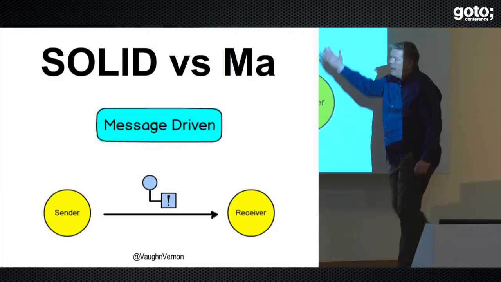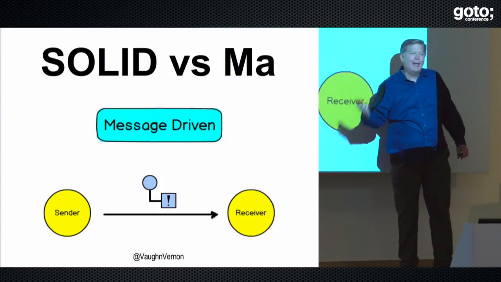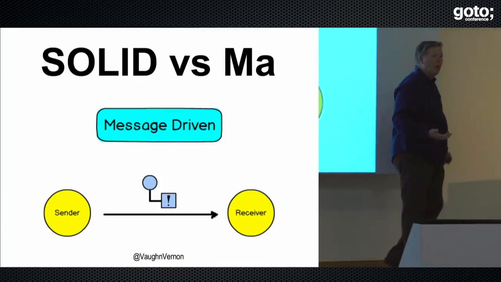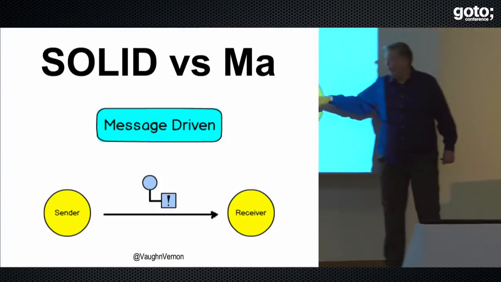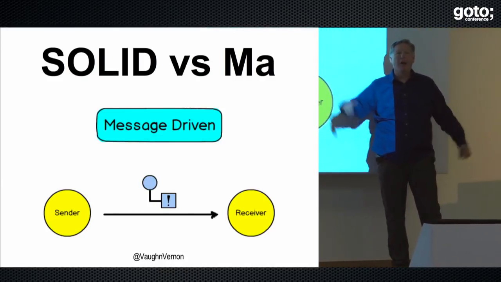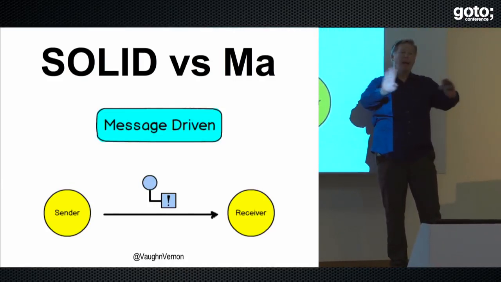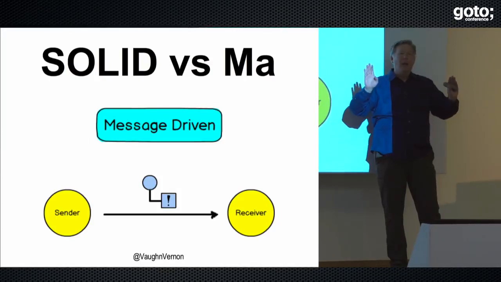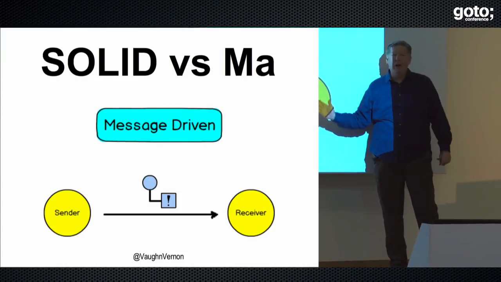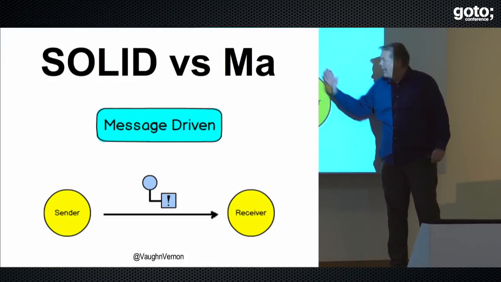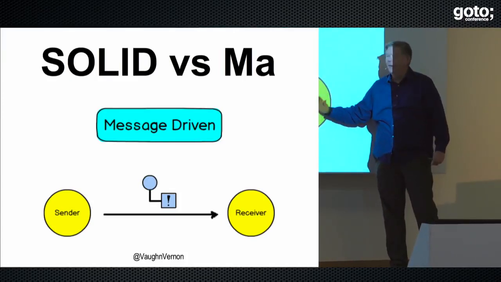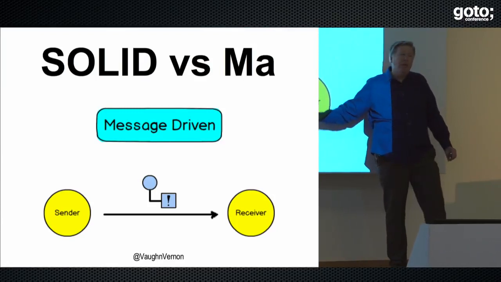Now, a lot of us have spent a decade or 2 decades or more thinking about the inside of these things primarily, right? SOLID. I'm not disrespecting SOLID. It's a good design principle. But we can take that too far because imagine that this thing is potentially a messy machine internally.